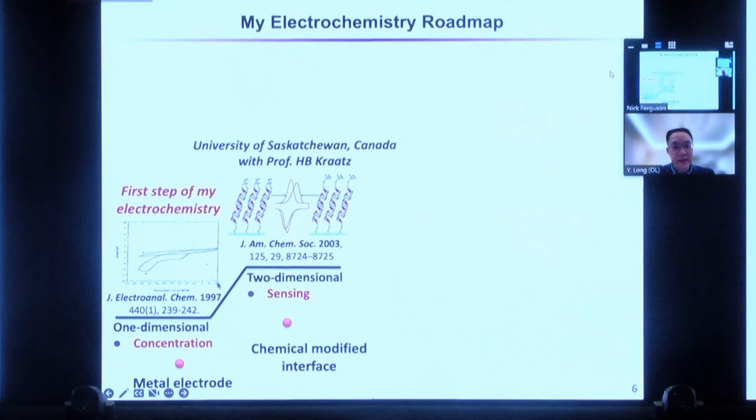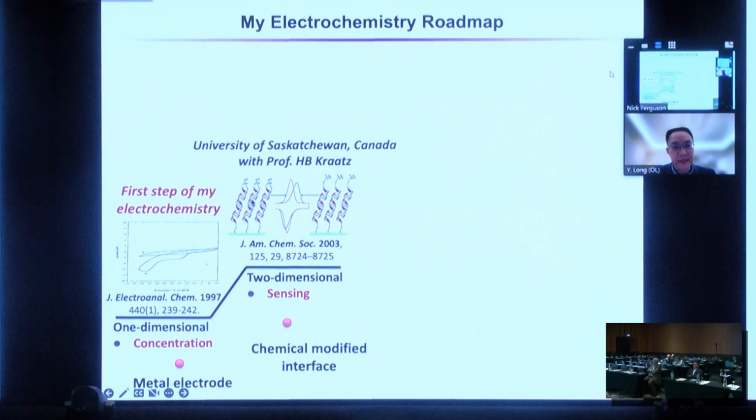When I went outside of China, in Canada, I studied the monolayer on the surface, which is like the grass on the ground. We modified DNA on the surface. I consider this a two-dimensional surface because the metal is on the bottom and the molecules are on the electrode surface.